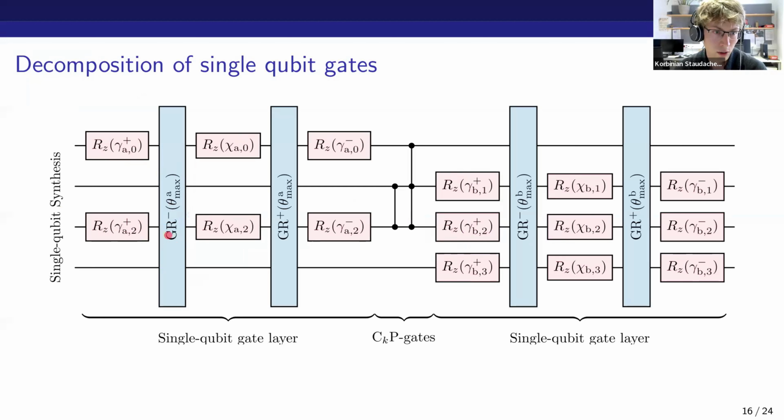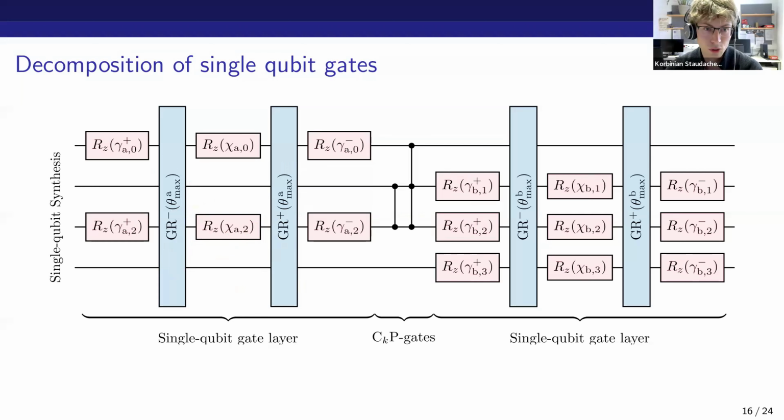You see here we do this global rotation about a negative angle, and here we do it about the same positive angle. So if we don't apply any RZ gate in between, this corresponds to the identity. So this does nothing on qubits which don't have an RZ gate in between.